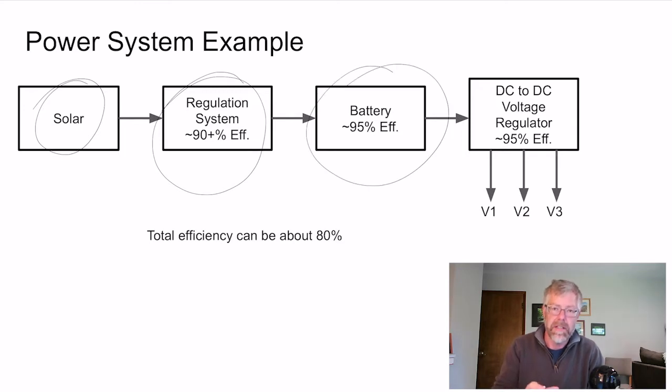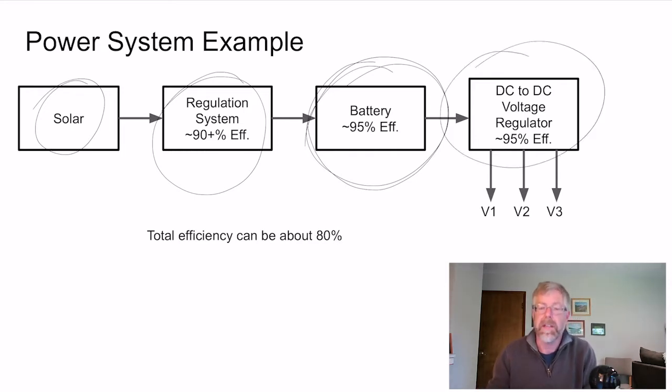That regulation system controls how much current is coming into the batteries. Then once you get some power into the batteries, those batteries are typically used for powering things during the night, whenever the sun is not available. And that goes through what's called a DC to DC voltage regulator, and there's some efficiency loss in there. That basically takes the battery voltage and turns it into the voltages that you really want.